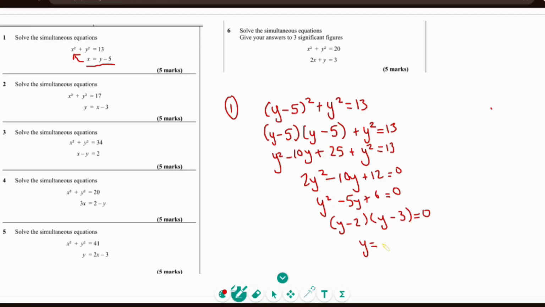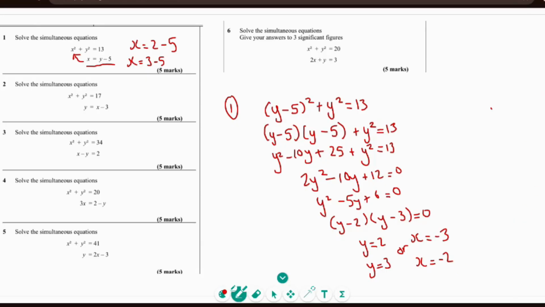So y is 2, y is 3. When y is 2, x is minus 3. When y is 3, x is negative 2.